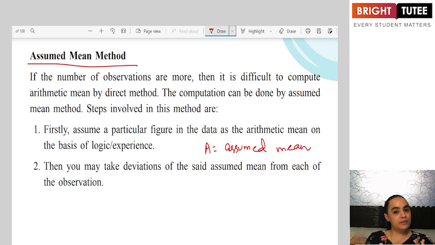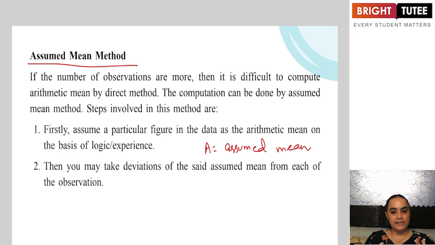You are given x. We are going to classify the data given to us under the category of x. Out of my x, I will take one number to be my a, which is my assumed mean. Next, I have to calculate the deviations.